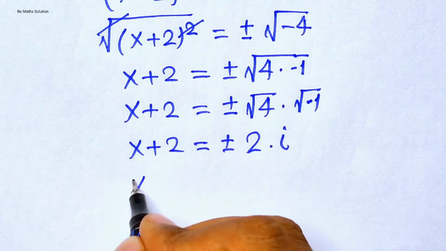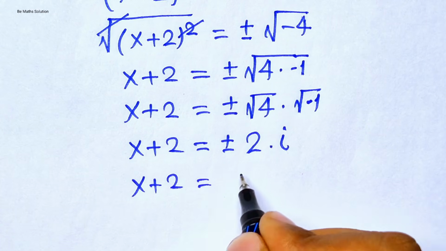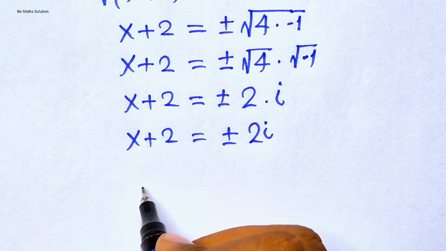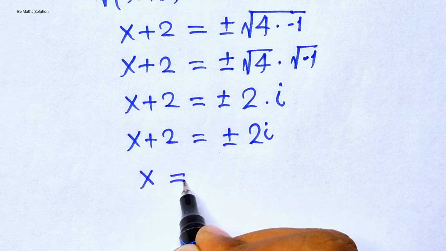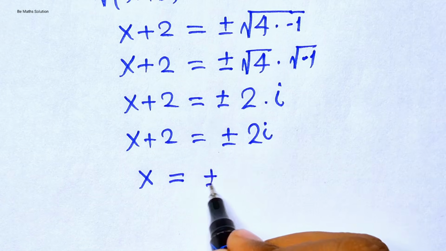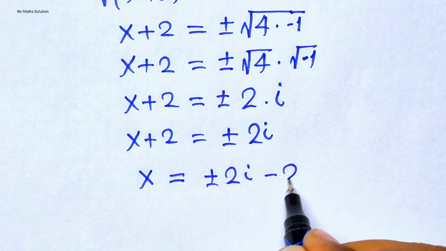Then x + 2 is equal to plus minus 2i. So x is equal to, we take 2 to the right side, plus minus 2i minus 2.